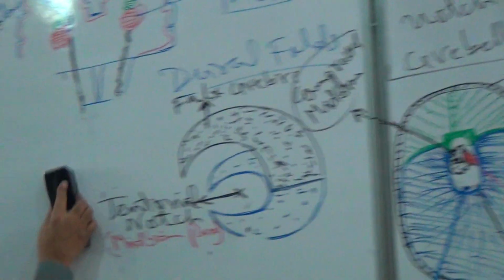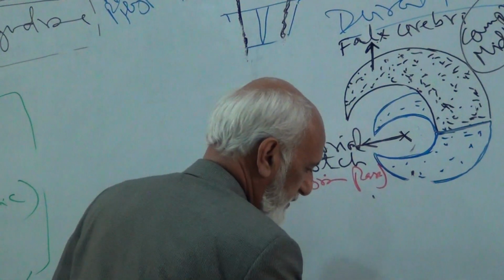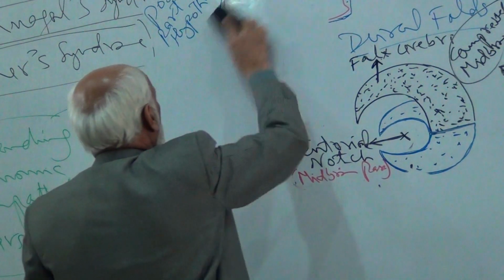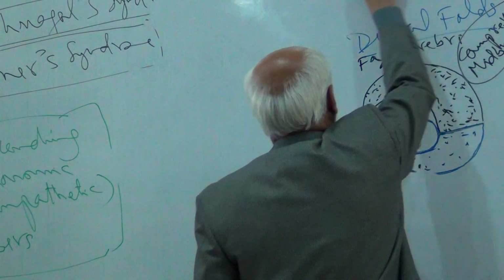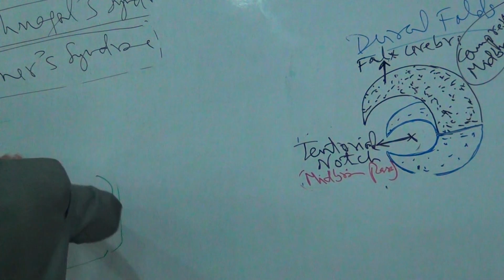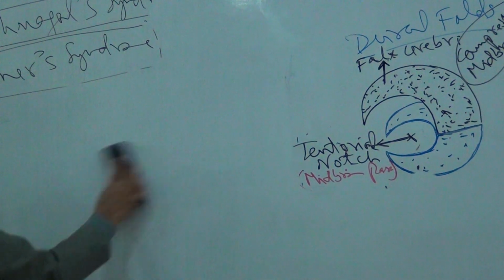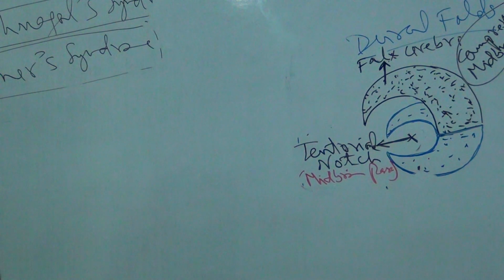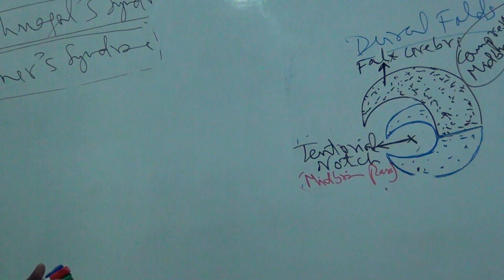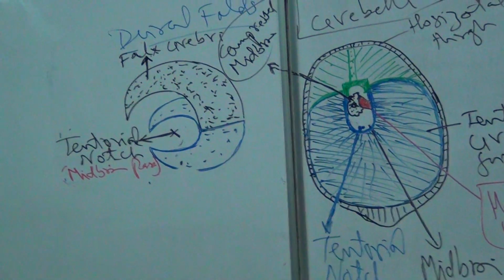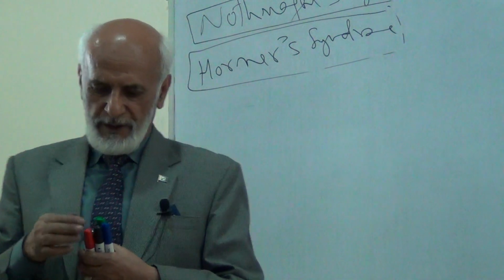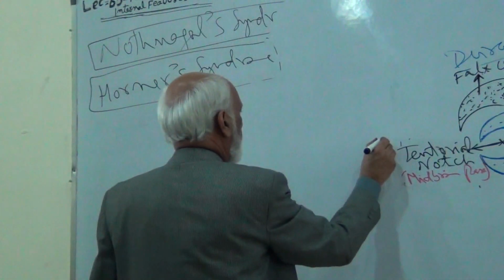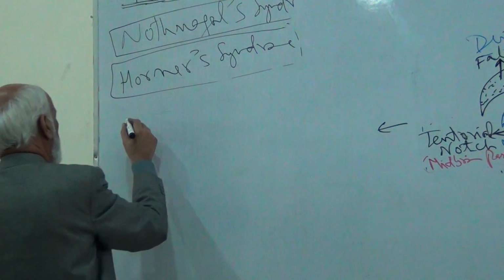When the midbrain is compressed from one side by the herniated uncus, which is on the medial surface of the temporal lobe, and when it is herniated through the tentorial notch, naturally it will compress the midbrain to one side against the sharp edge of the tentorial notch. It will result in compression of the oculomotor nerve. What will be its effects?